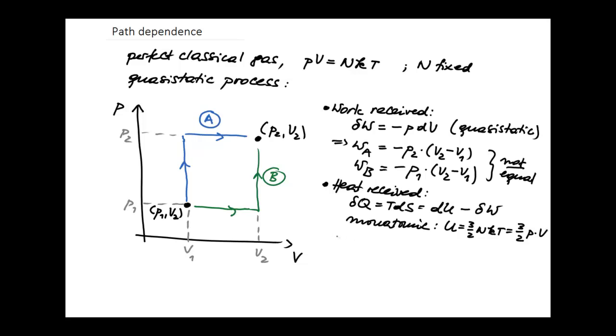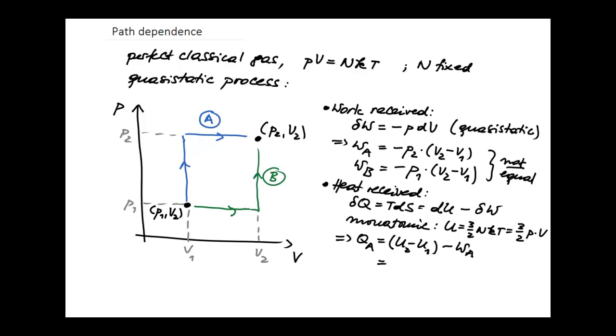And then we can say the heat received along path A, that's the change of internal energy between initial and final state, so it's U2 minus U1, minus the work received. Heat received plus work received must, of course, give the change in internal energy. And here we solve for the heat received.